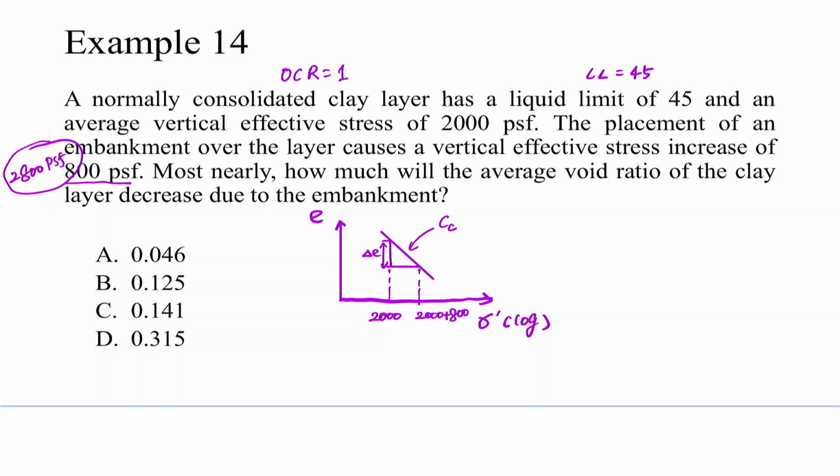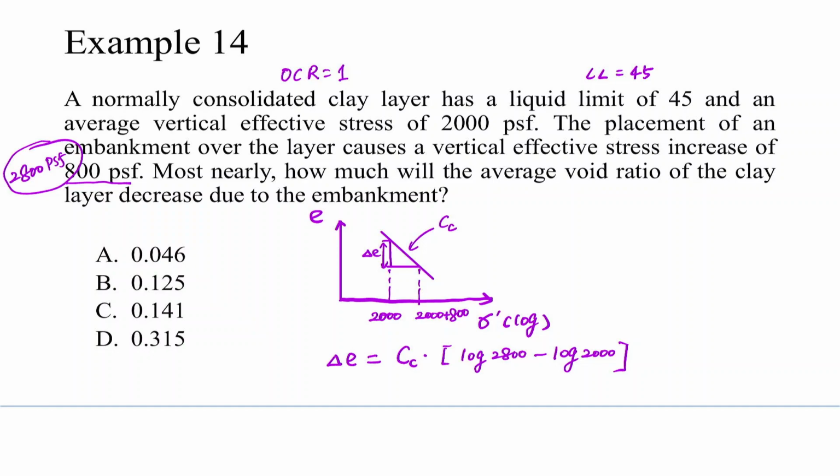So if you want to calculate delta e, that is the slope of this line, which is C sub C, the compression index, times log 2,800 minus log 2,000. That's it. It's actually very, very simple, and all the logs are base 10, right?